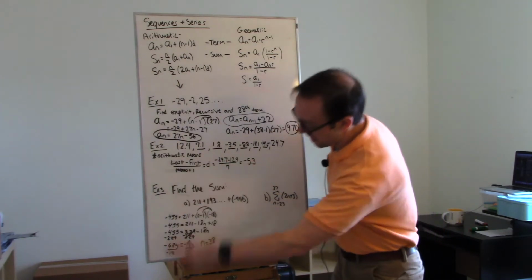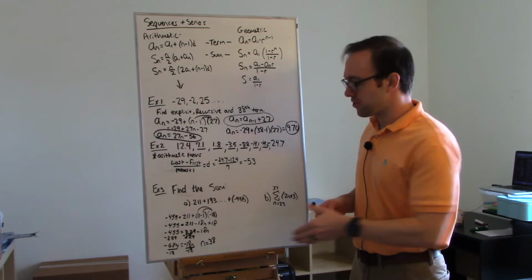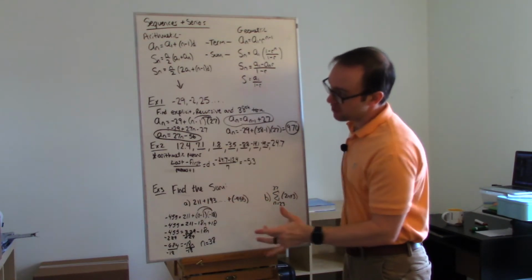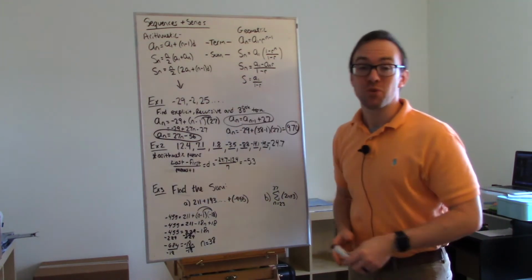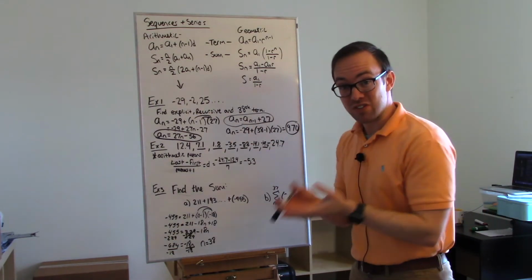Good news is that's the hardest part of this problem, figuring out what the n has to be, because now we have the n, we have the first term, we have the last term, and we simply plug in.